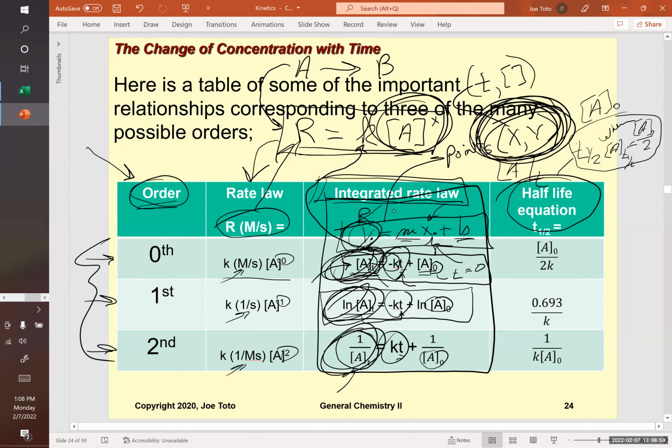So that's that one point that I'm looking for. The T 1/2 is when the concentration at some time T equals half of the initial.